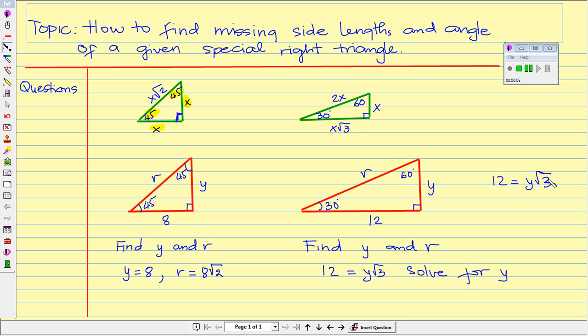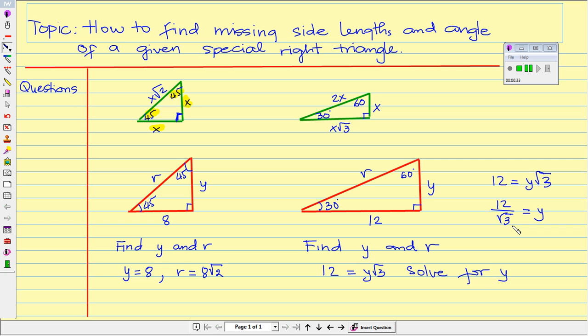So you want to divide both sides by square root of 3. So you have 12 divided by square root of 3 is y. Let me rewrite my square root of 3 to make it clear for you. Sorry about this. Now this is your y.